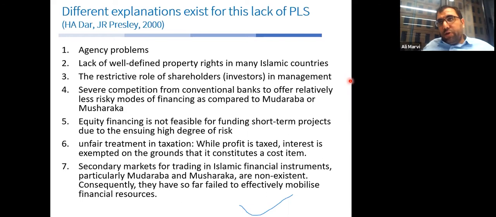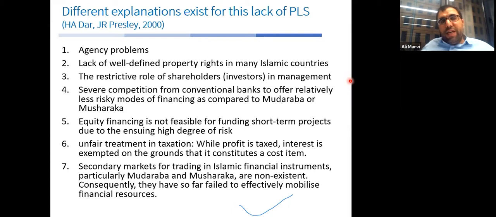You know, in many countries that are practicing Islamic banking, it's really hard to guarantee property rights because the property rights are not well defined there.